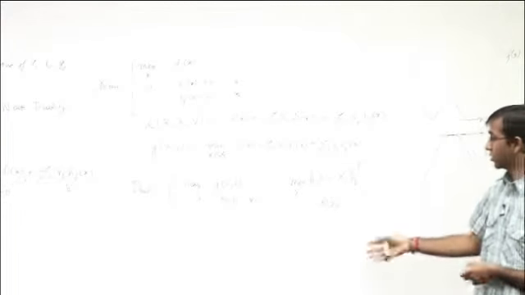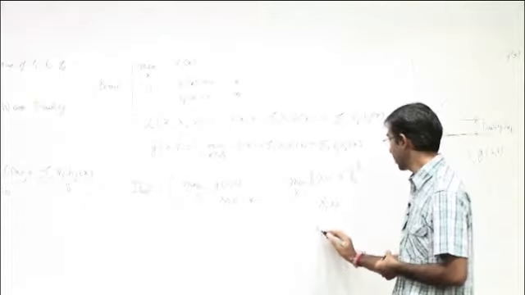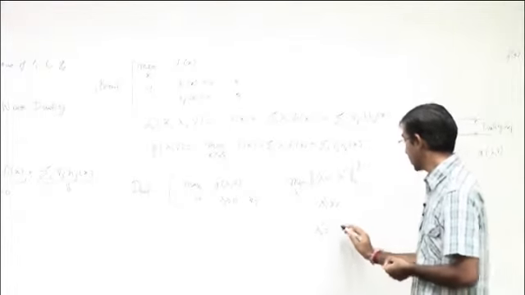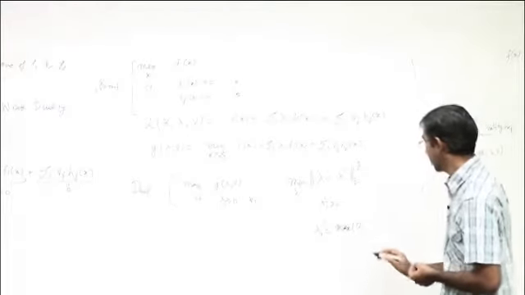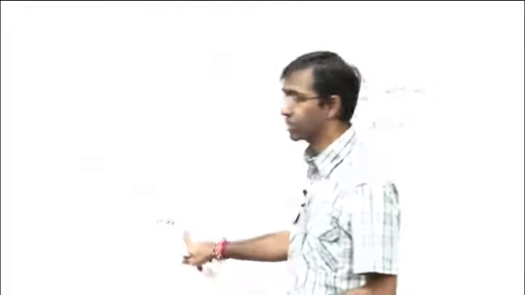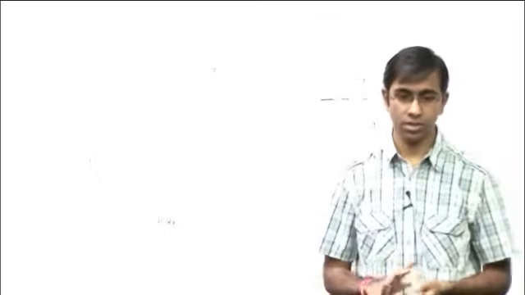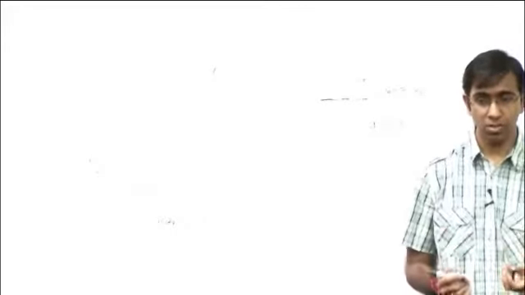This is fairly easy to do. It's fairly easy to see that your lambda prime_i will be equal to the maximum of 0 comma lambda_i. So if your lambda is already positive, you don't do anything with it. And if your lambda_i is negative, then you just set it to be 0. You just clip it. It's just a clipping operation. So doing projected gradient descent on this dual problem is very easy, or relatively easy.